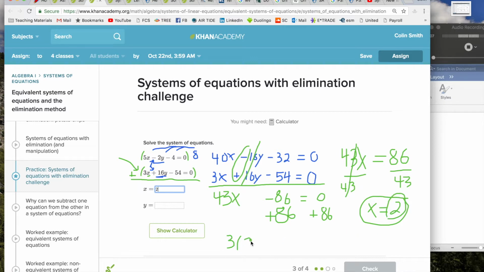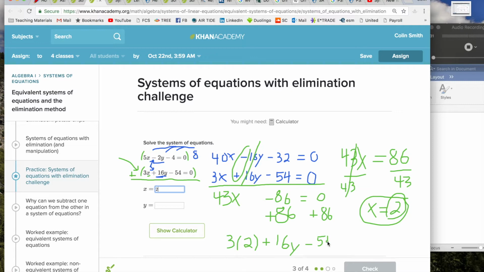So instead of saying 3x plus 16y, we're going to say 3 parentheses and put the 2 inside. We're plugging 2 in for x. We'll finish out the rest of the equation: 16y and minus 54.